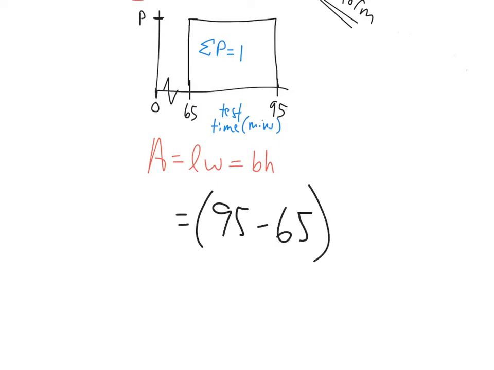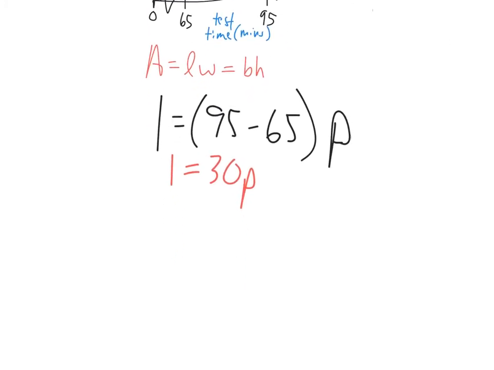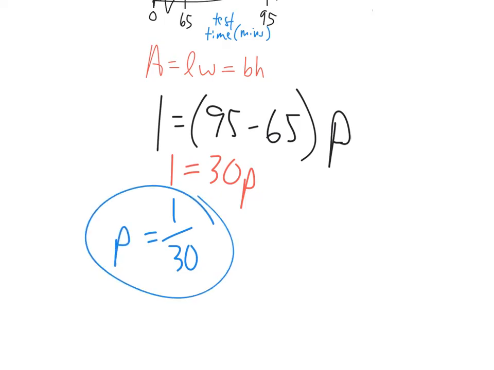The height is the uniform probability that we're trying to determine. And the area of this rectangle, the sum of the probabilities, is going to equal 1. So we could rearrange the algebra. 1 will equal 30p. And you divide by 30. So 1 over 30 will equal this uniform probability.